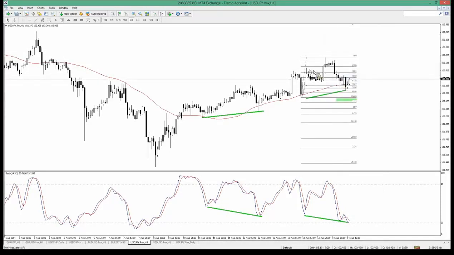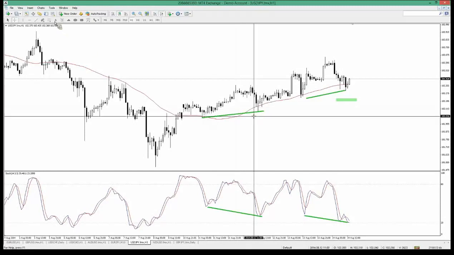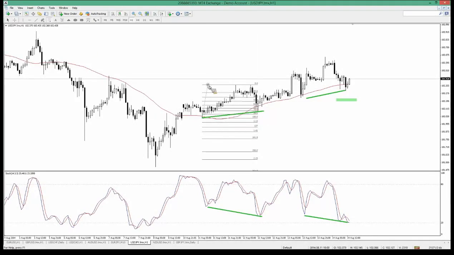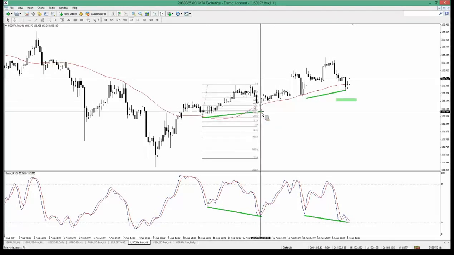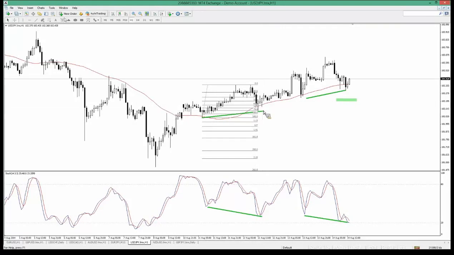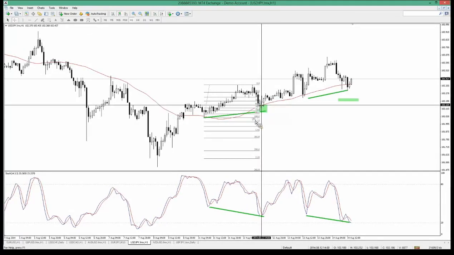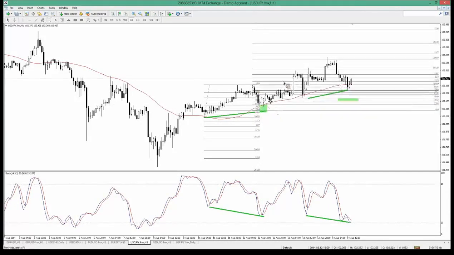For example, this swing here to here, we're looking for a pullback, so we get a pullback, 786 to 618. Maybe you just want to buy at the 786 area, that's also fine. Let's say we buy it there, stop below there, and then we're looking at this swing here, take profit here at the 127, or 1.5, or whatever the case is.